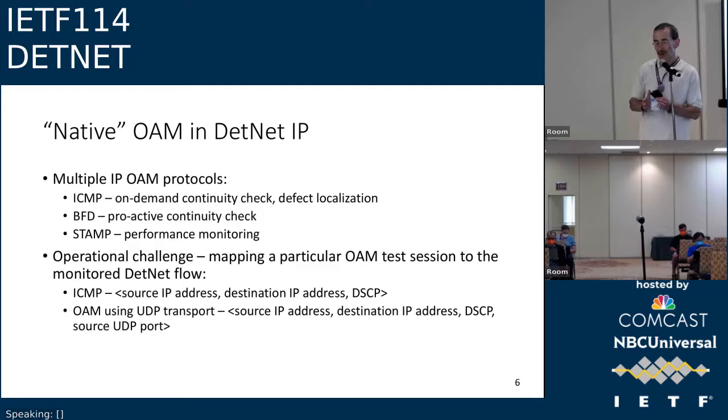Because we are already bound by the OAM protocol in which UDP destination port we use, and the fact that we're using UDP transport, it requires special provisioning within a DETNET domain on a forwarding sublayer to establish this correlation, so that test packets are treated the same way.